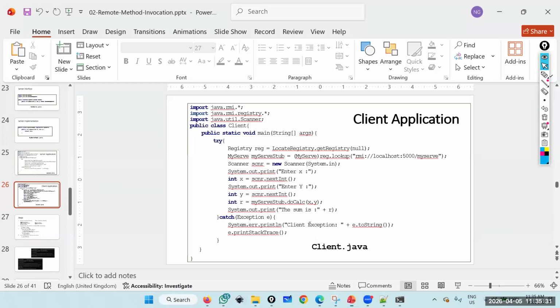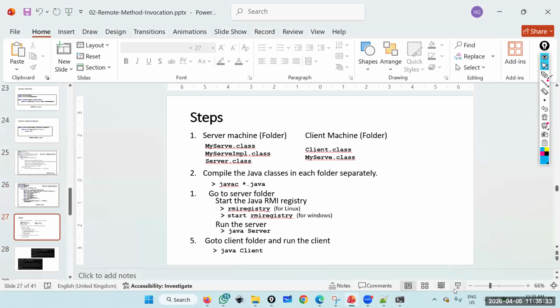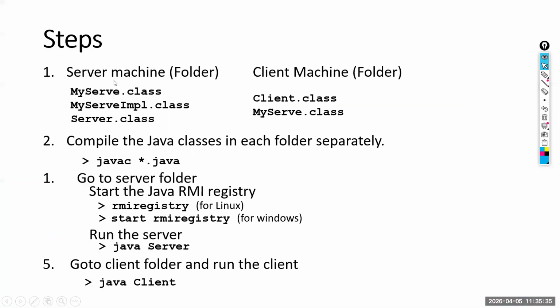How to start the RMI registry? There's a command. Everything is explained here. In Linux, it is the rmiregistry command, but since I'm using Windows, start rmiregistry. Again, you don't need any other software. Just the JDK is enough. The JDK has the RMI registry tool. Start rmiregistry.